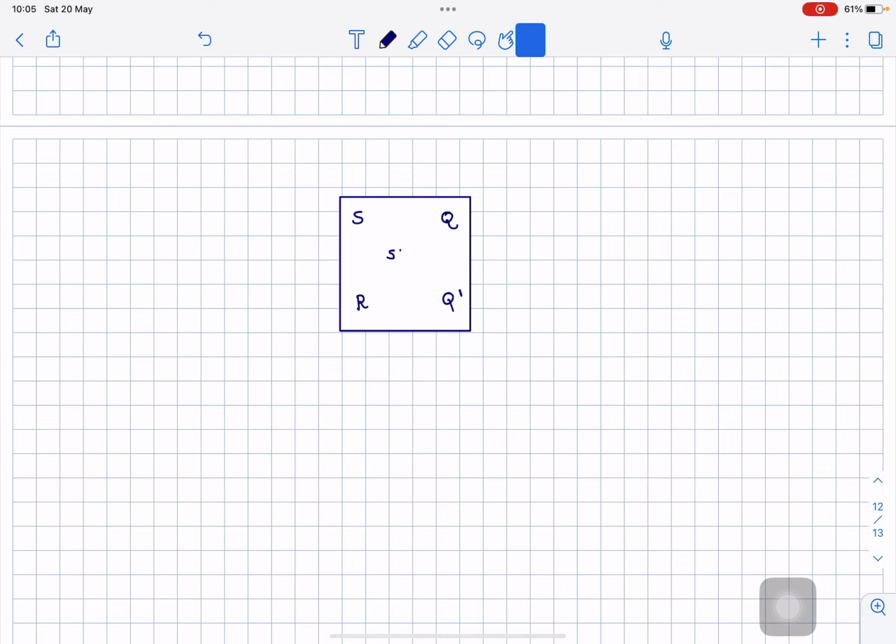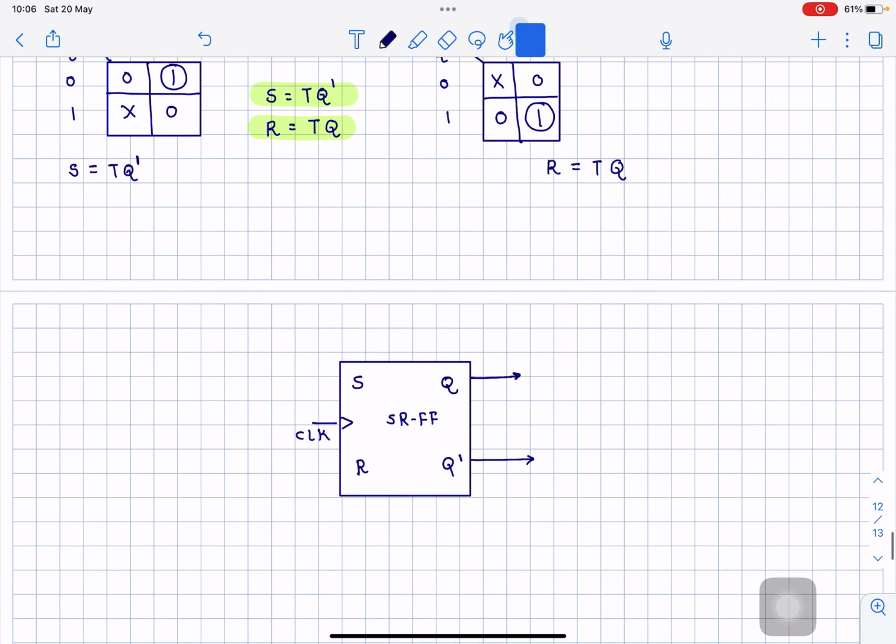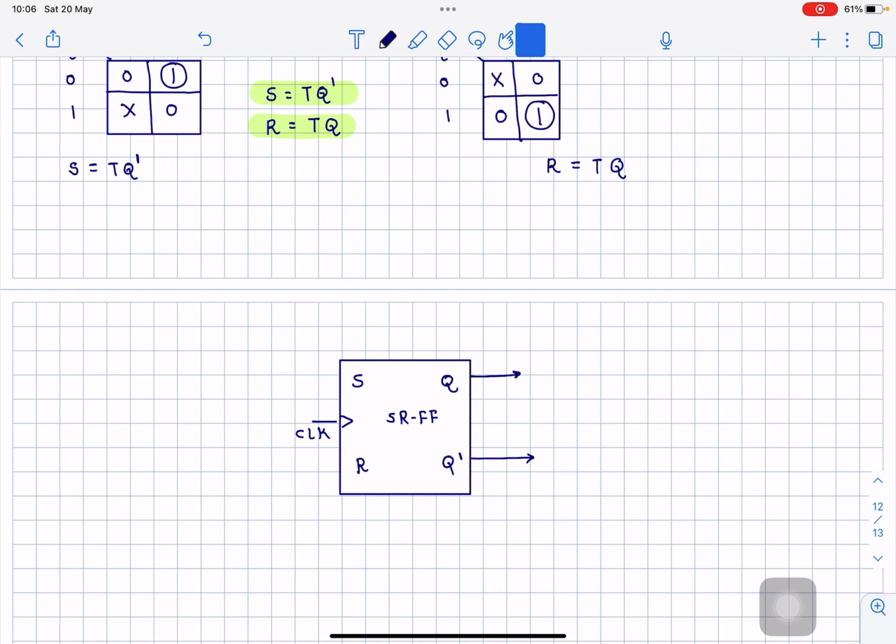This is the SR flip-flop, right? And this is the clock signal. Now this is output Q and Q dash. Now what will you give as the S input? T and Q dash. So Q dash is available here.